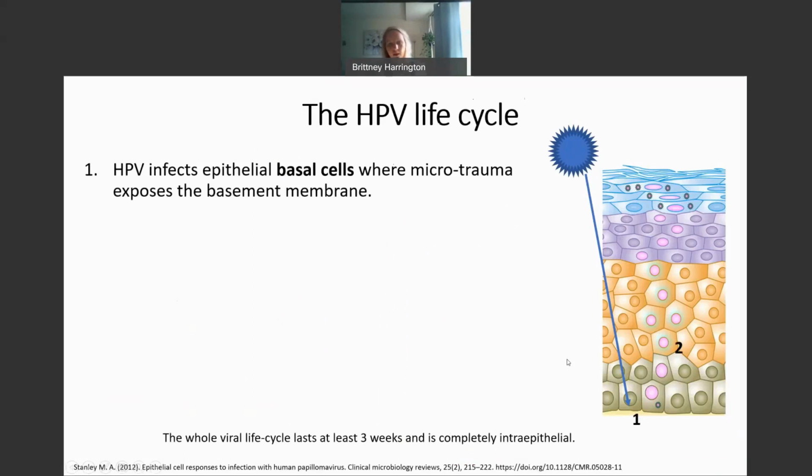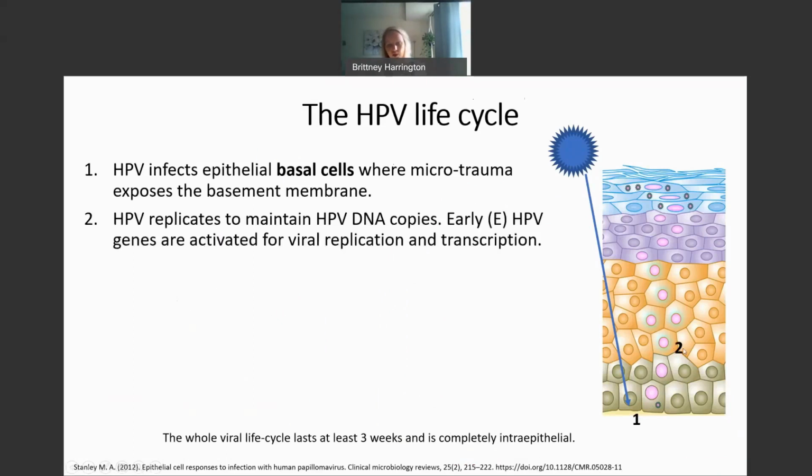And then at the next stage, once it's established an infection in that basal layer, it'll replicate only the necessary genes and start transcription of early genes. This is just to maintain copies of the HPV DNA and support transcription and replication.